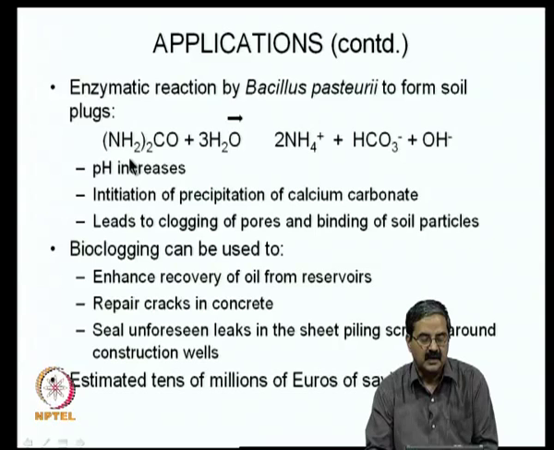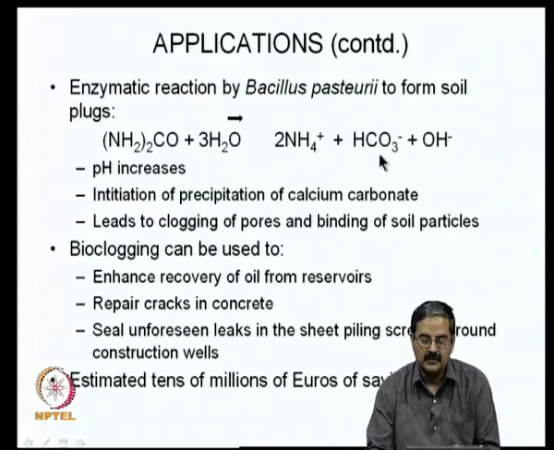If you have a chemical reaction like this, you can see that it releases ammonia and then sodium bicarbonate and hydroxyls. The effect is that it increases the pH, initiating precipitation of calcium carbonate, because in soils you have some amount of calcium, and leads to clogging of the pores and binding of the soil particles.